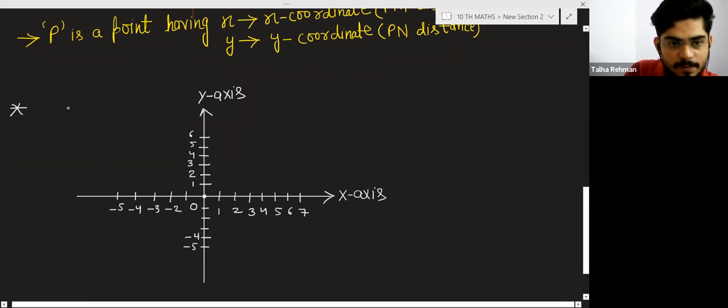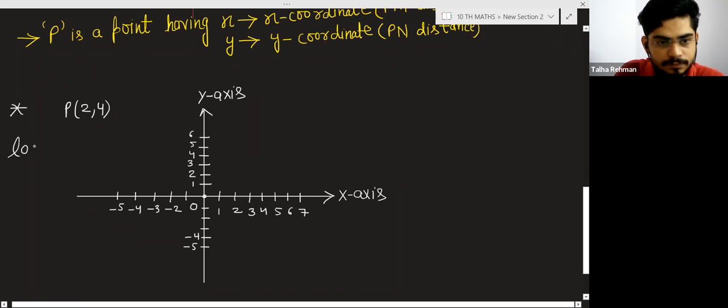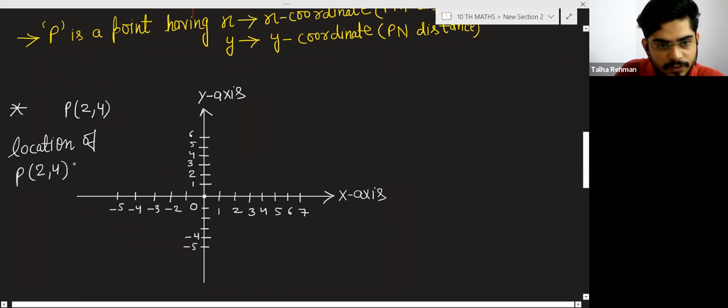So if we have a point P having the x coordinate as 2 and y coordinate as 4, and this is the graph paper, we have to find the location of P having the x coordinate 2 and y coordinate 4.